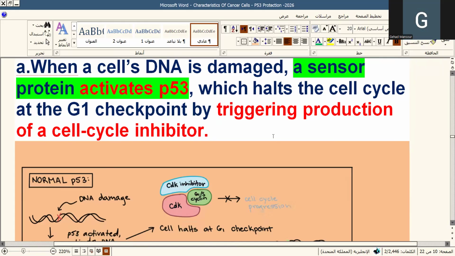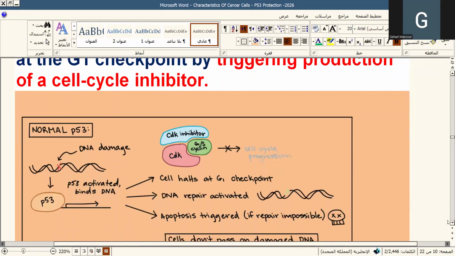So here we have 3 important proteins. We have the sensor that detected the damage in the DNA, we have the second protein, which is the inhibitory protein P53, and we have the third protein whose production is triggered by P53, which is a cell cycle inhibitor.